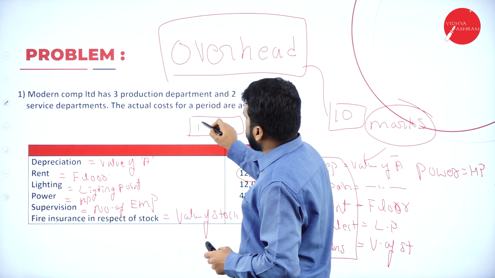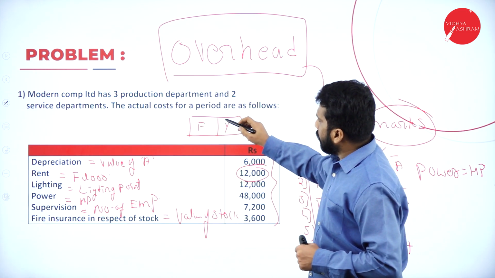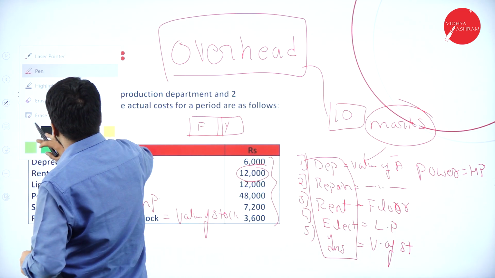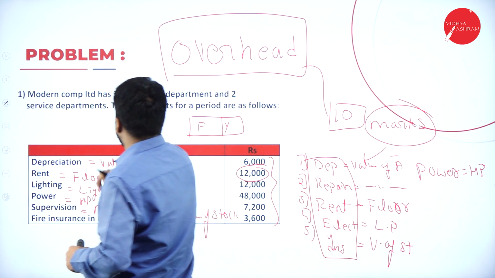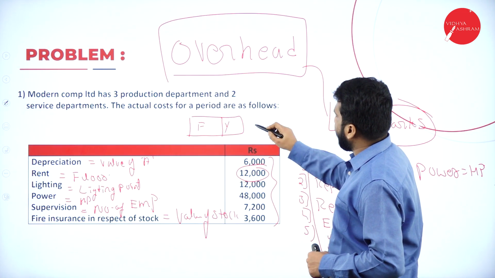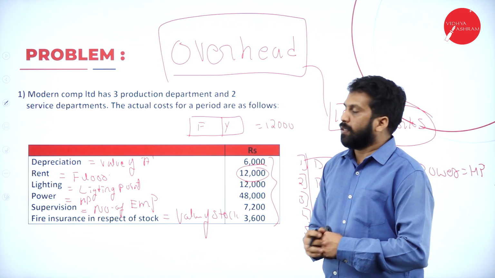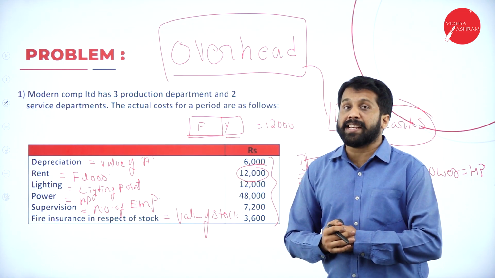This portion is taken by your friend, this portion by you, almost less than his. Now, what is the rent? 12,000. Will you share it equally? He has taken more space. You have taken less space. Will you take it equally?